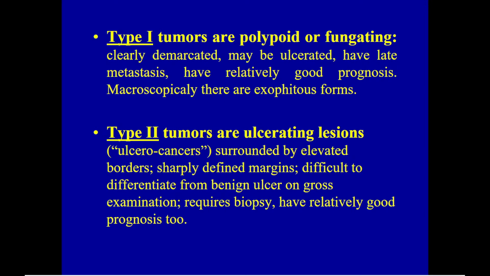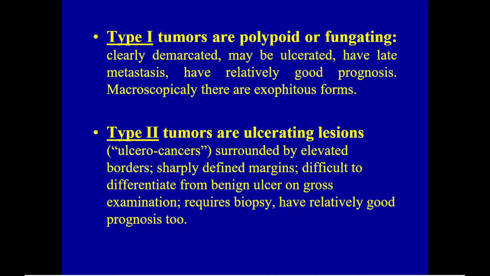Type 1 tumors are polypoid or fungating, clearly demarcated, may be ulcerated, have late metastasis, and have a relatively good prognosis. Macroscopically, these are exophytic forms.